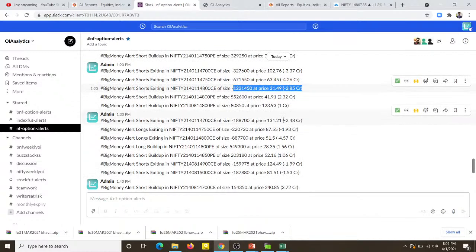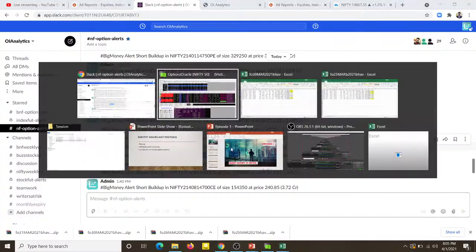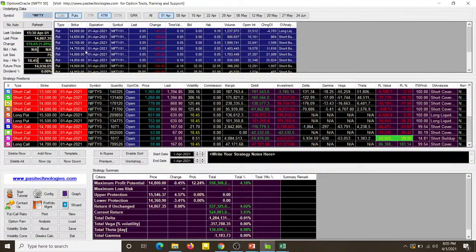So after that, we didn't have any significant positions which got added, except this one. If you see this 14,800 put and 850 put, I didn't try to add, but maybe let's try adding these two. 14,800 put, 800 put and 850 put.